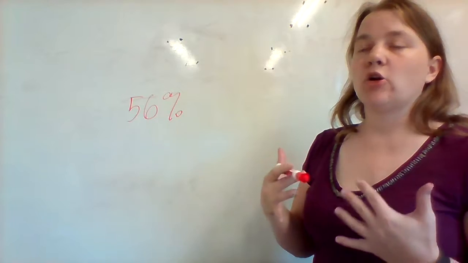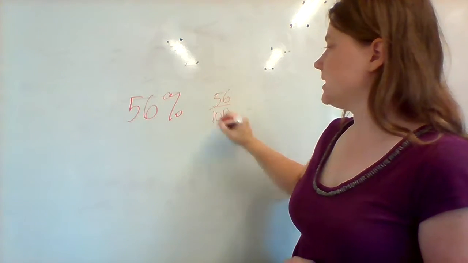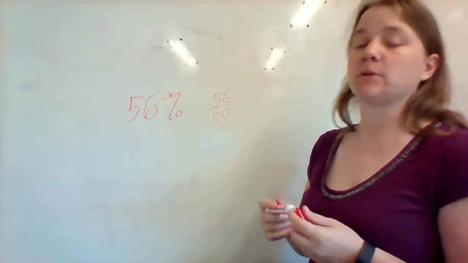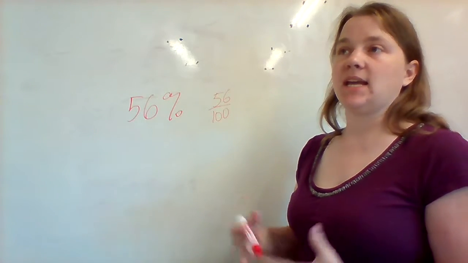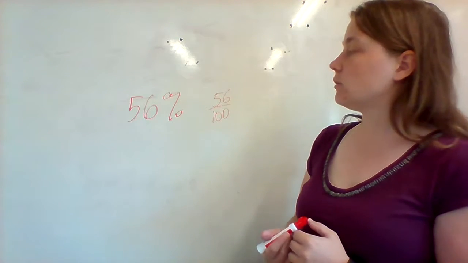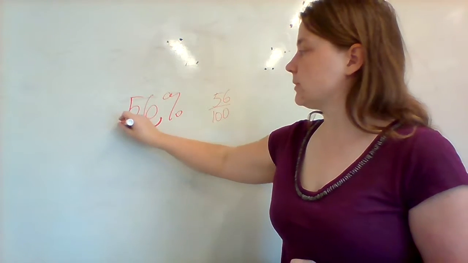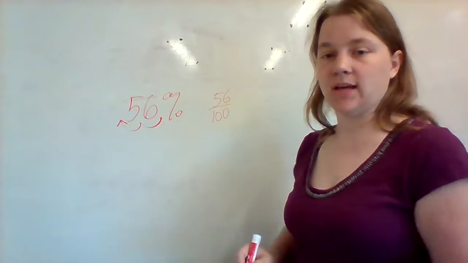But that's not a whole number. 56 over 100 is not a whole number. 56% is not saying the entirety, the 100%, it's just a part of it. So we are going to move that decimal 2 places to the left.